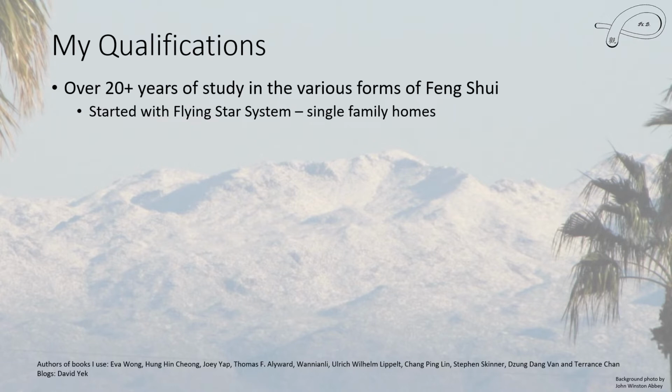When apartments and condos became more common, they tried to apply the Flying Star system to these apartments, and they didn't find them to be particularly accurate. And so they sought to understand what was going on. And they particularly failed in describing the difference between people living one floor above another and above another and that kind of thing.